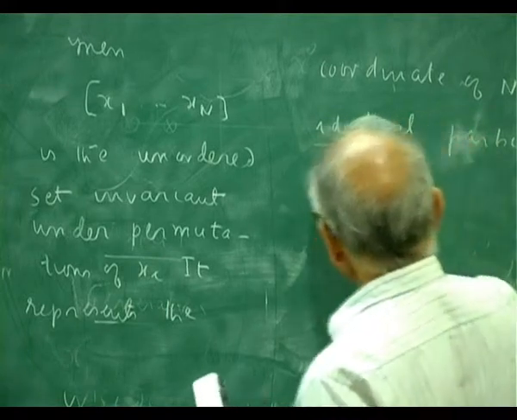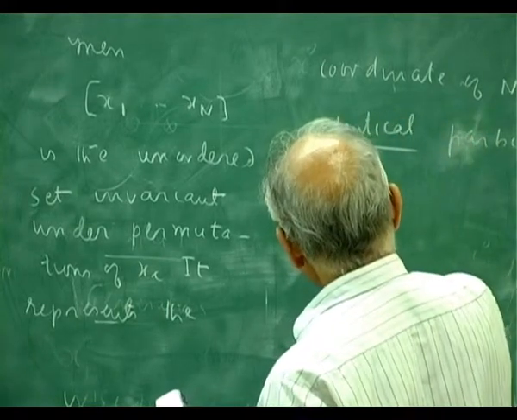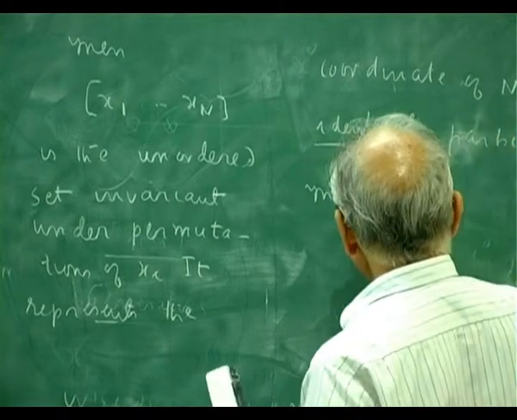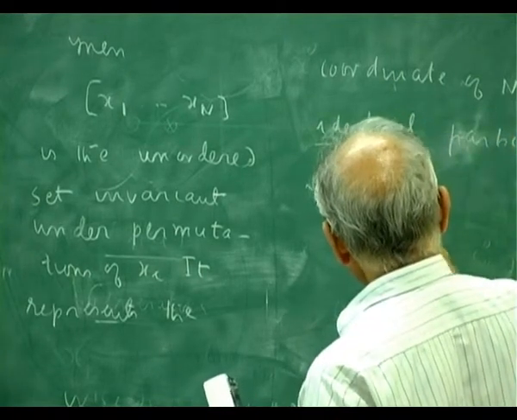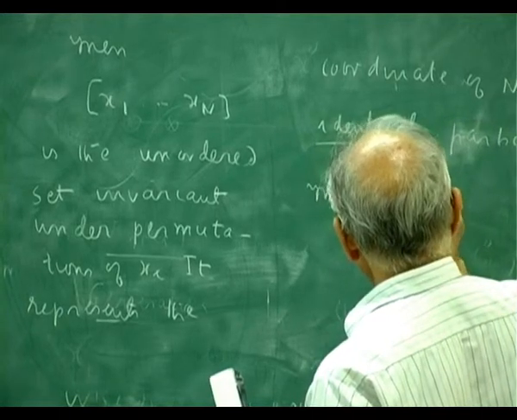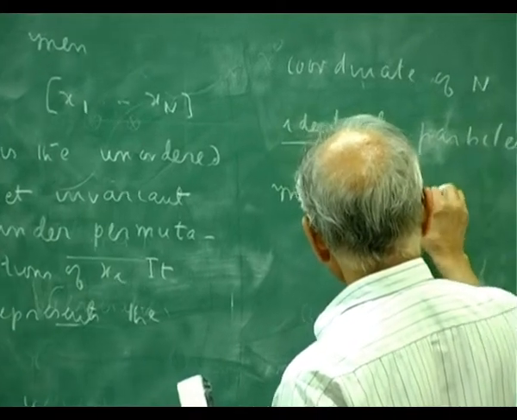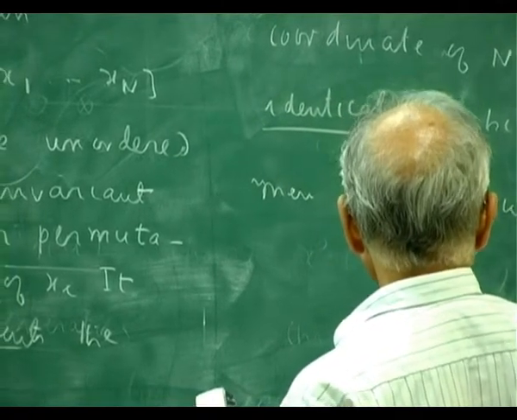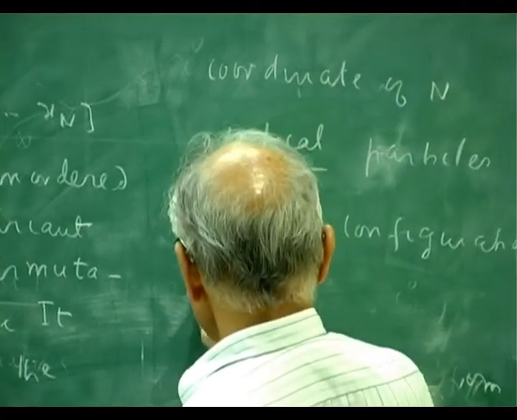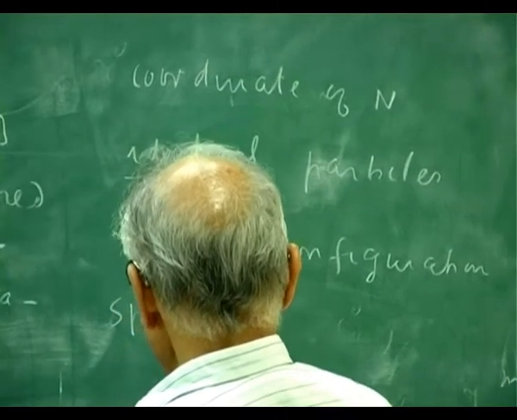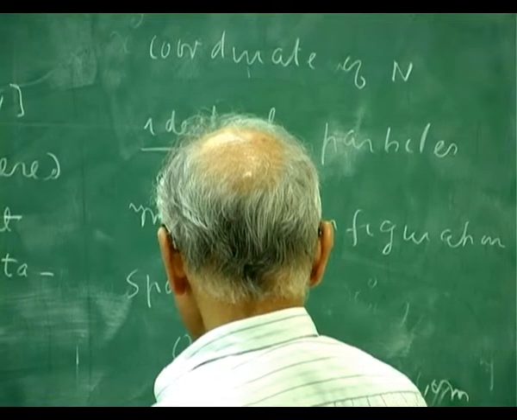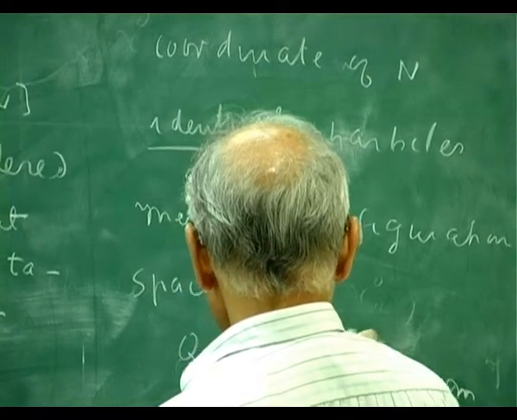Then the configurations, the configuration space, is Qn, which is the set of all x1 up to xn.